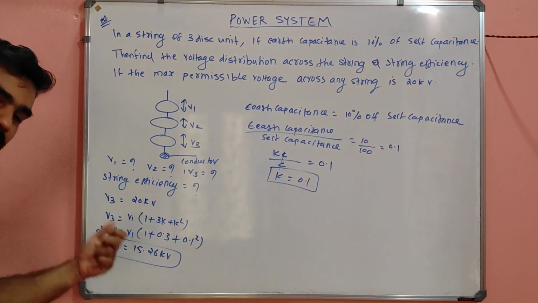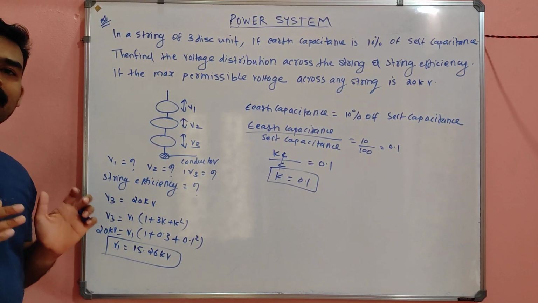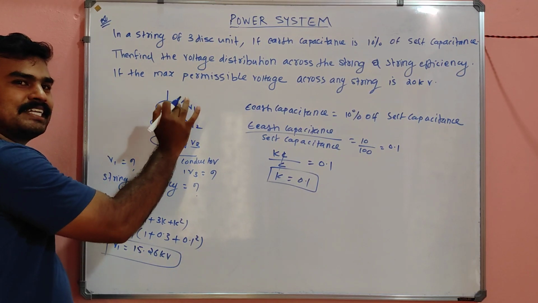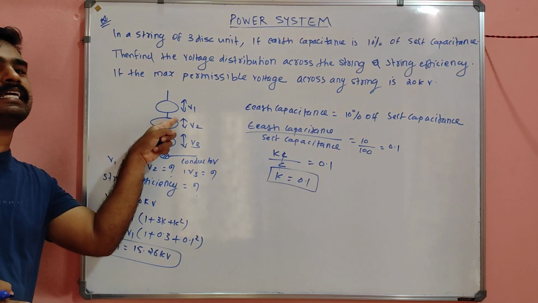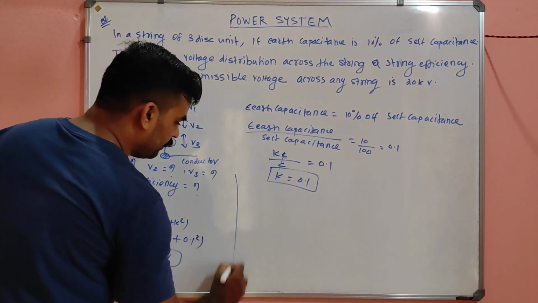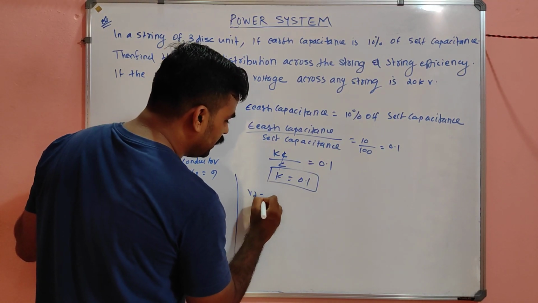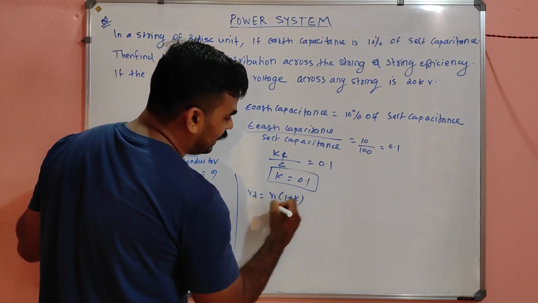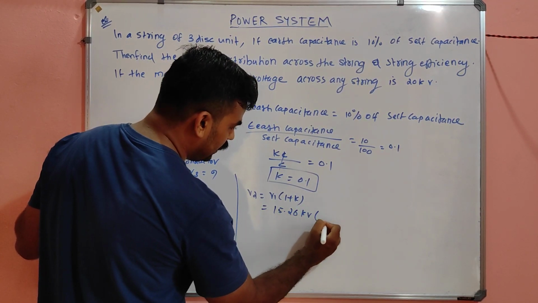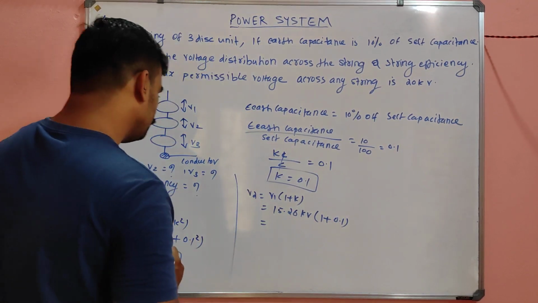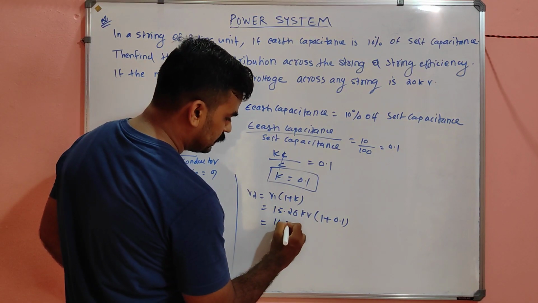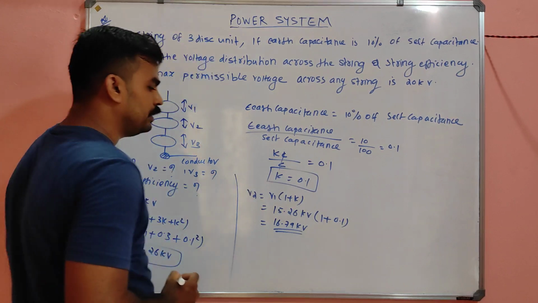So what is the inference here? This V1 can carry up to 20 kV, I agree. But in actual practice, the voltage across it is not 20 kV; it is carrying just 15.26 kV. Now if you have V1, you can calculate V2: V2 is equal to V1 into (1 plus k), which is 15.26 kV into 1.1, so V2 is 16.79 kV.